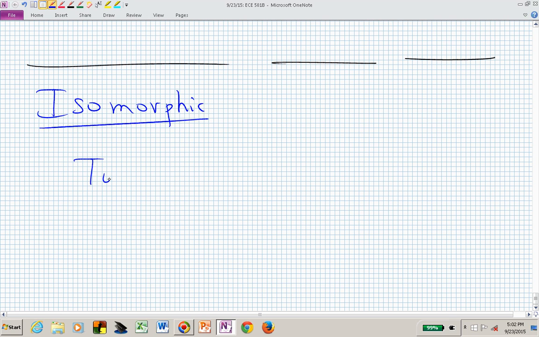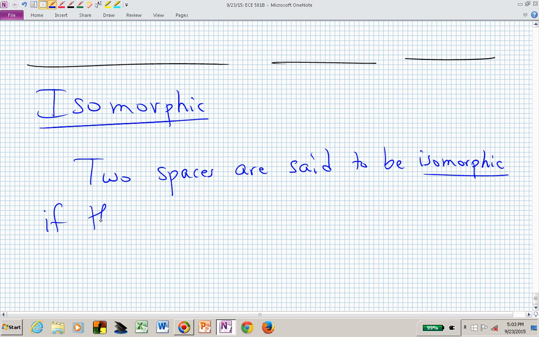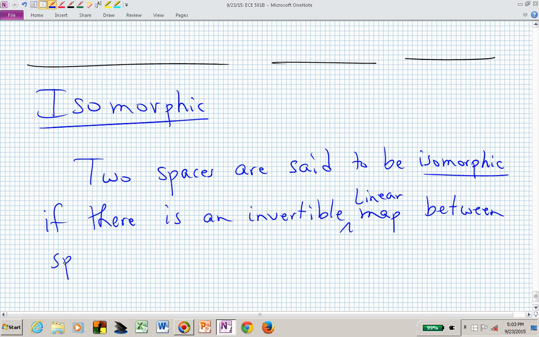Two spaces are said to be isomorphic if there is an invertible map, I should say invertible linear map, between the spaces.